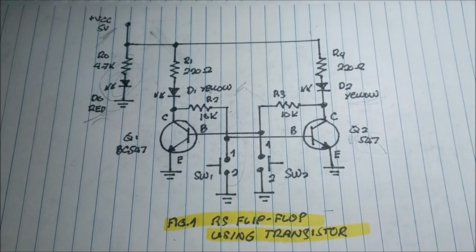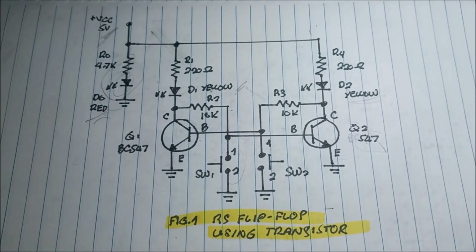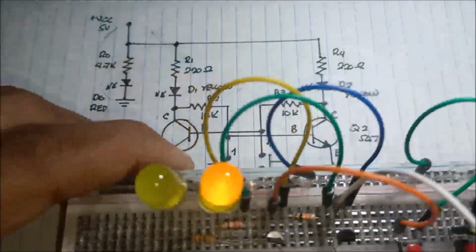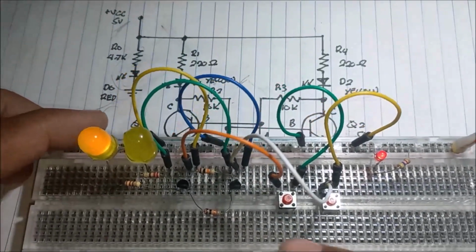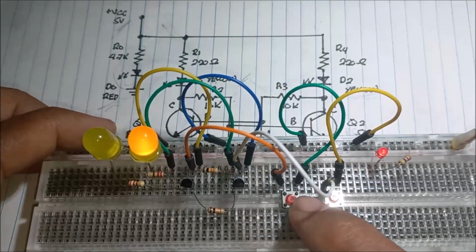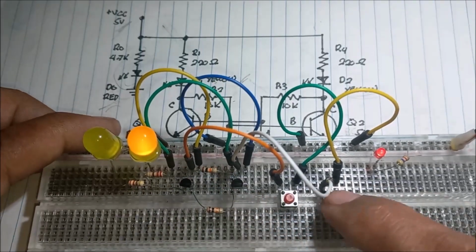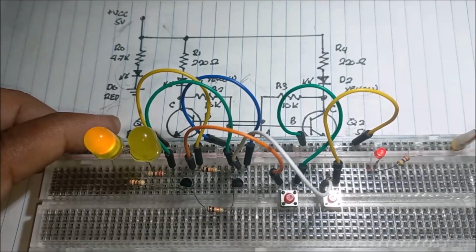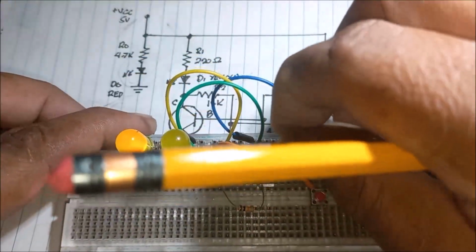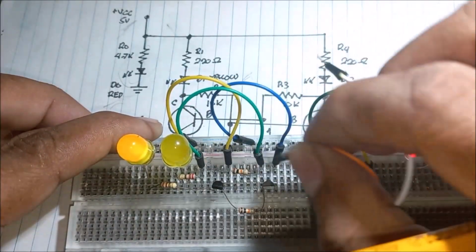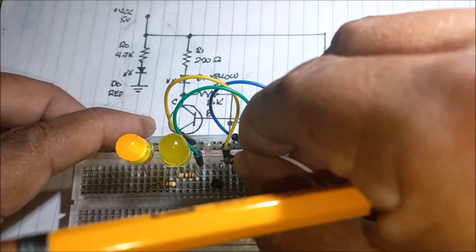In our last demo, this is the condition. When I press it, it will switch to the LED 2: switch 1 to LED 2, switch 2 to LED 1. And I decided to change the position of the base.